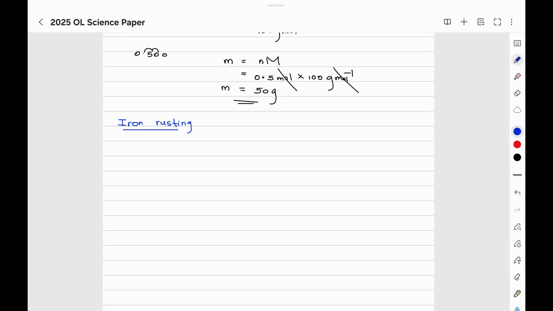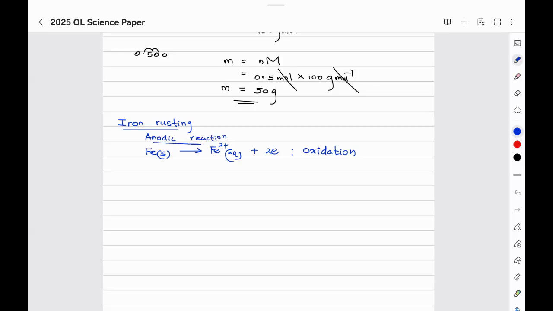When iron is rusting, Fe metal is converted to Fe2+ aqueous and 2 electrons are released. Remember, students, this is considered as an oxidation. Oxidation means it is releasing electrons in this way. And we call this one the anodic reaction.